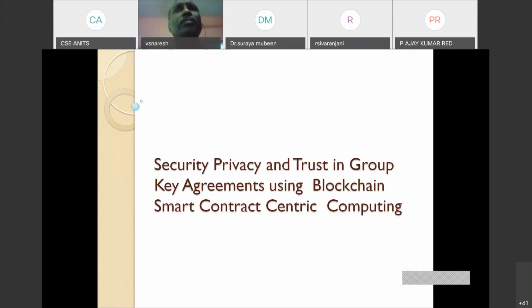Here you are having key agreement between two parties, key agreement between n parties. N parties means group key agreement. But now I am going to introduce blockchain technology in those group key agreements, to incorporate security, privacy, trust in those group key agreements.